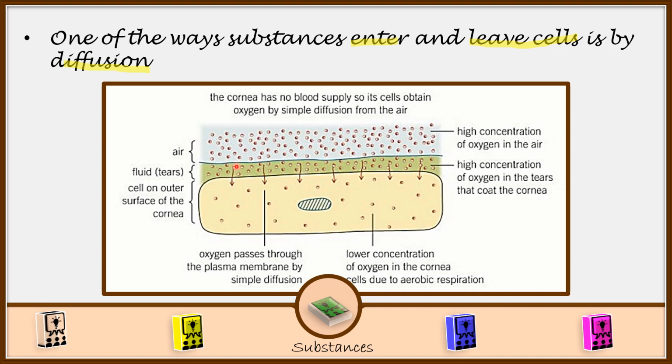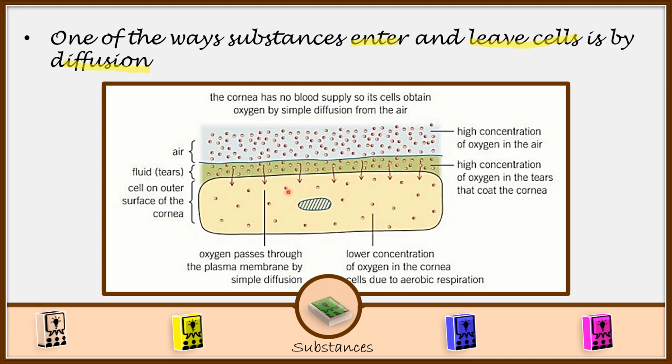Then from the tears it enters the cell on the outer surface of the cornea. So oxygen passes through the plasma membrane by simple diffusion. All this oxygen which is entering here is entering by diffusion.